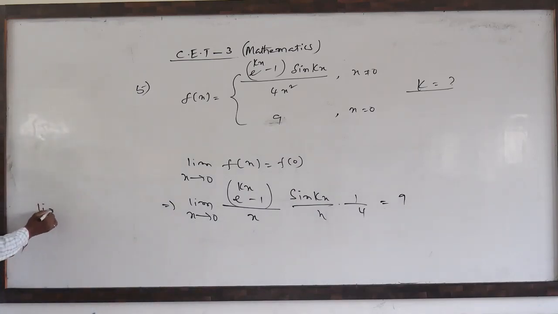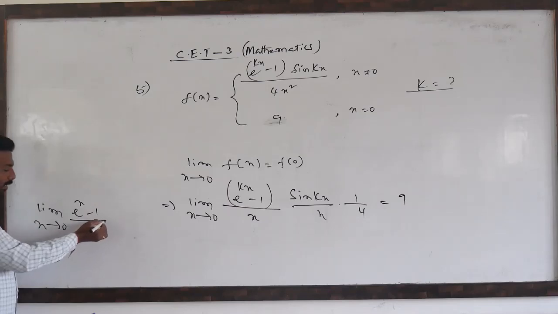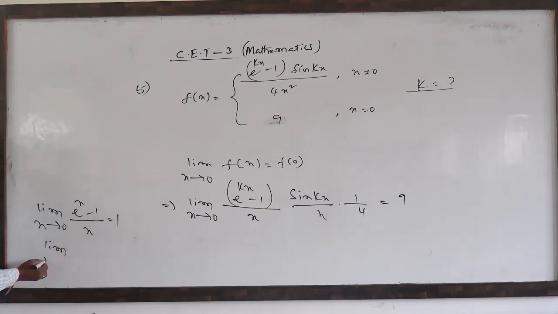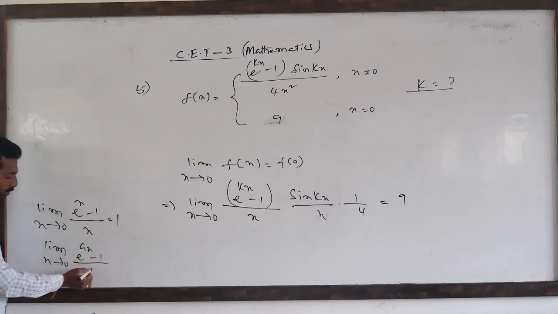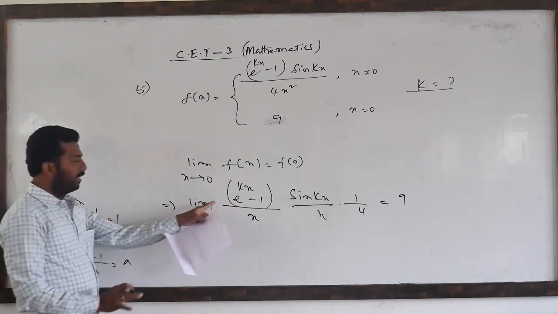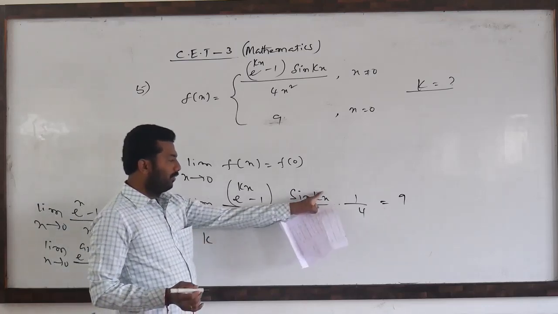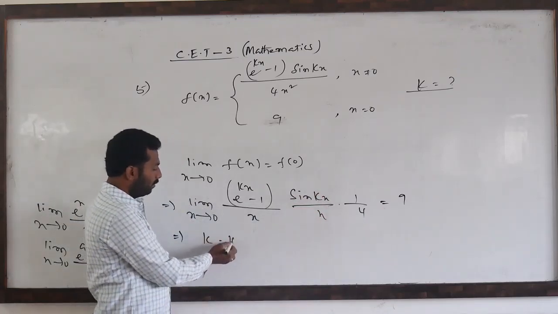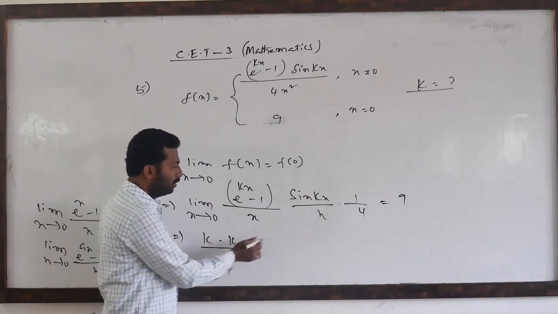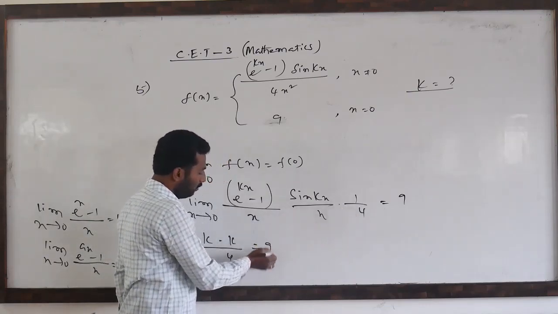Observe the formulas. The limit as x tends to 0 of e power x minus 1 divided by x is 1. Again, the limit as x tends to 0 of e to the power ax minus 1 divided by x is a, the x coefficient. So its value is k. Sin of kx by x gives k, into 1 by 4, so k by 4 equals 9.